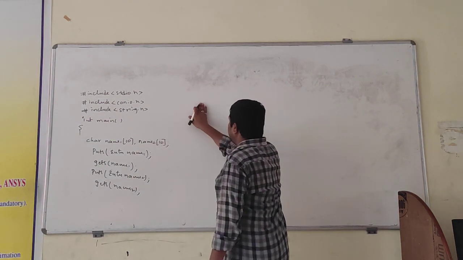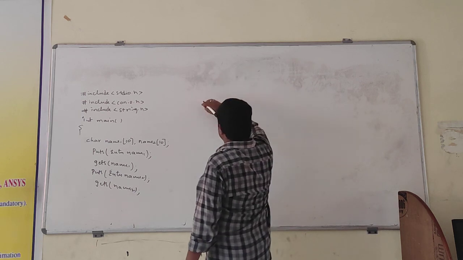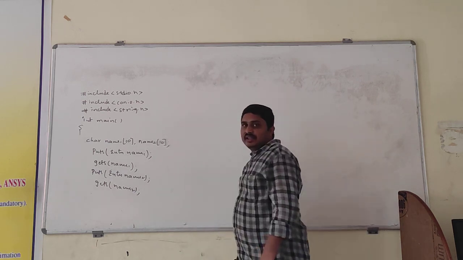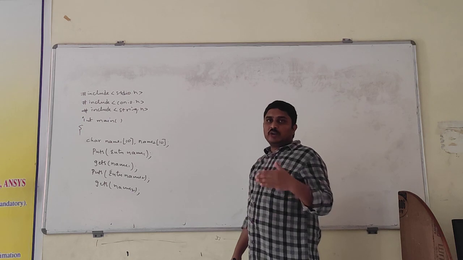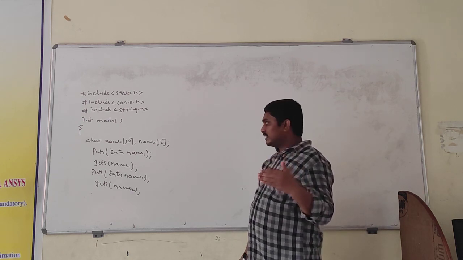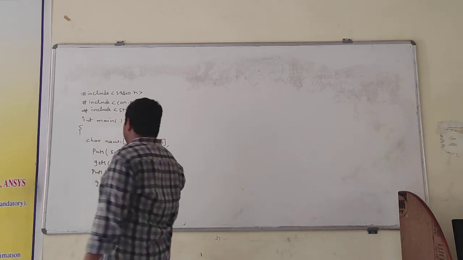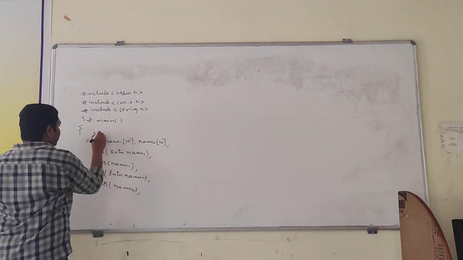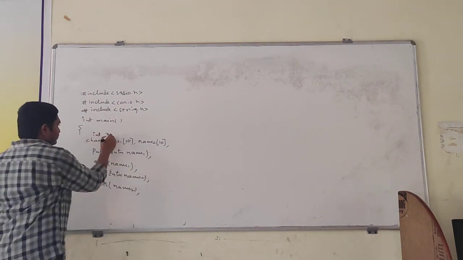First, I am applying the string length function. The string length function returns an integer value, that means how many characters are present in that string. So I need an integer variable. For this, I am taking an integer variable, int x.